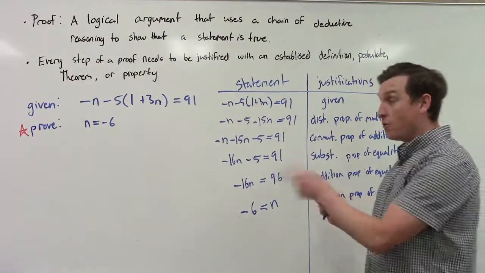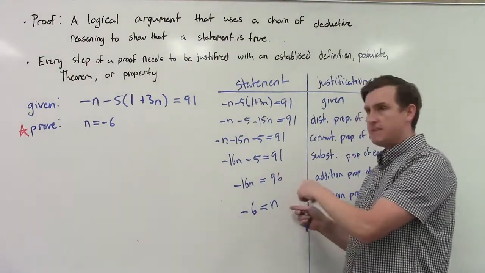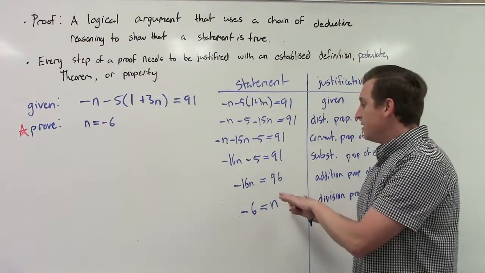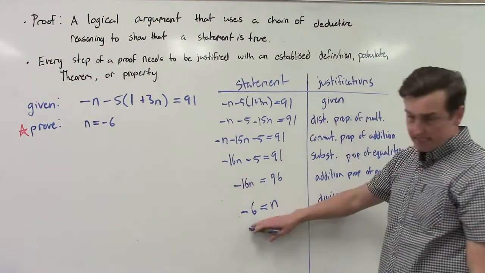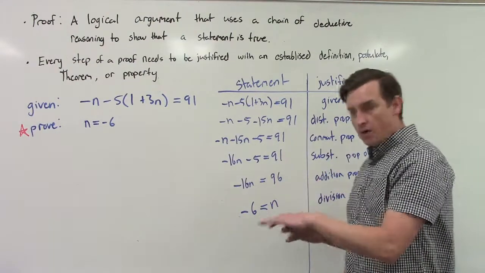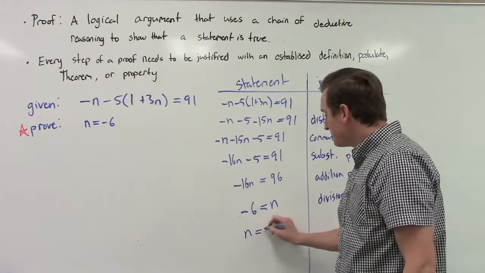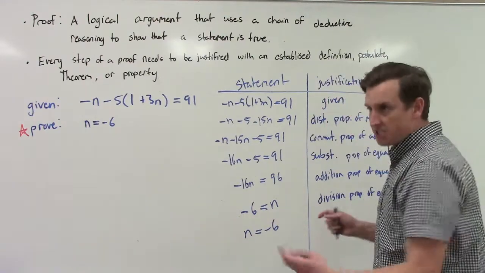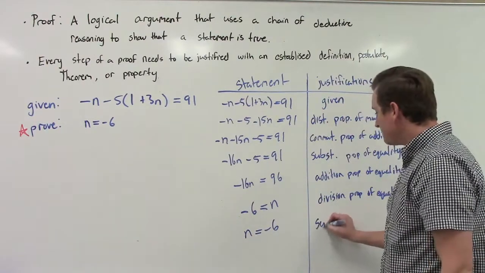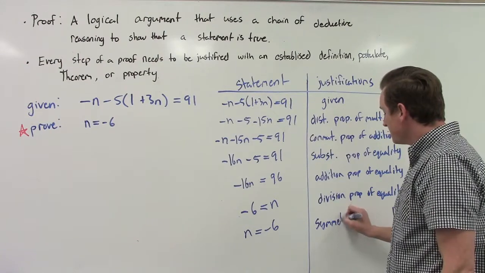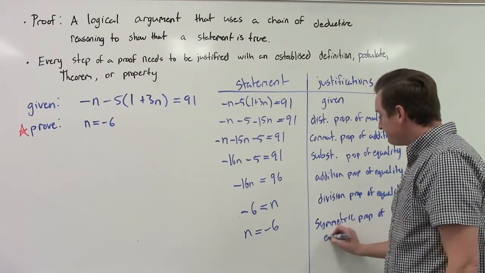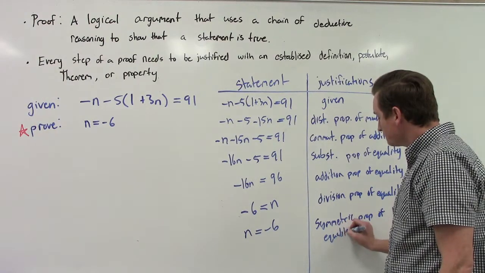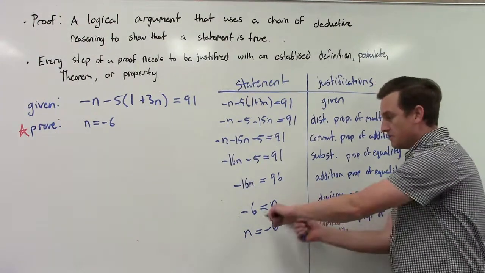We know that they're equivalent because of the symmetric property of equality, but we haven't stated what we wanted to state just yet. So if you get something like this, you need to go one step further and actually switch them around, and your justification for that step would be the symmetric property of equality, because you're just switching them.